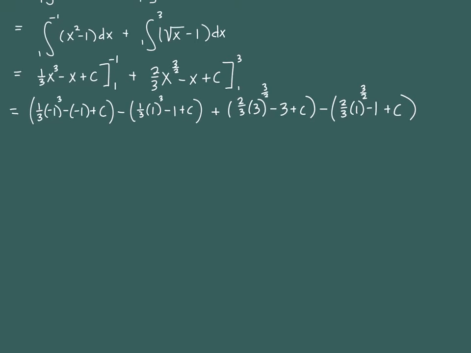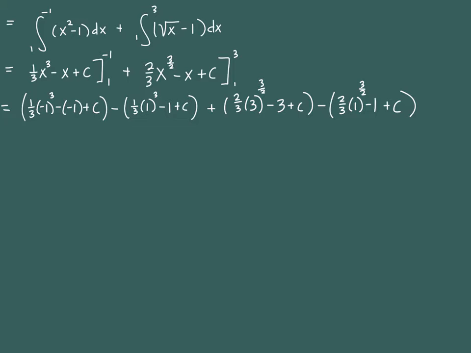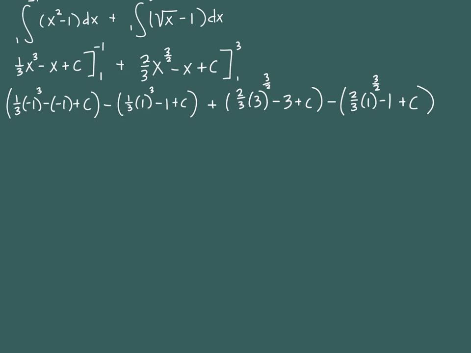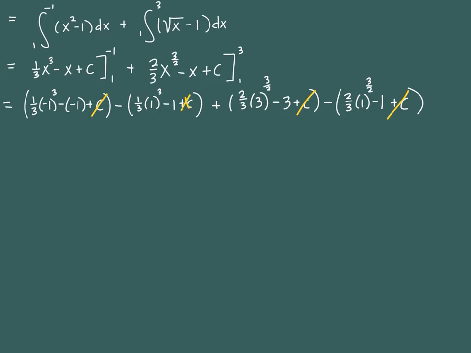So be careful that you don't rush there. All the c's are going to cancel each other out, but make sure you're distributing the rest of your negatives correctly so that you're not dropping terms. So I feel okay that I can do this, and getting rid of all my c's. So I will have 1/3 times -1 cubed is -1/3.